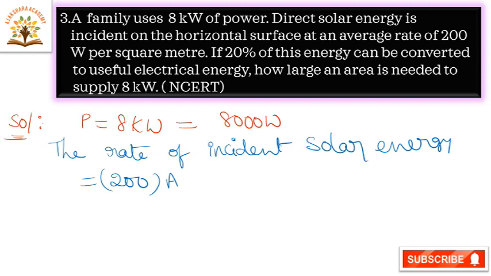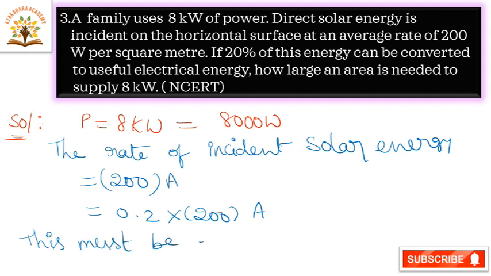The useful electrical energy is 20% of solar energy. So that is equal to 0.2 into 200 A. Now this must be equal to 8 kilowatts.